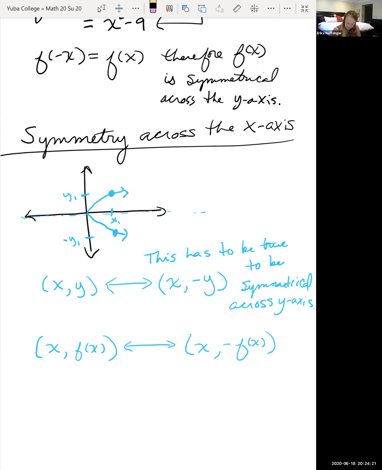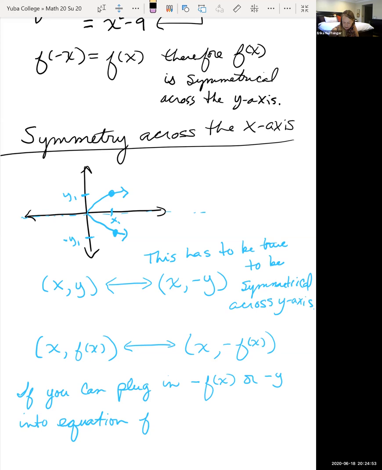So to test an equation, you can plug in negative f of x or negative y into the equation for either f of x or y, and it remains unchanged.